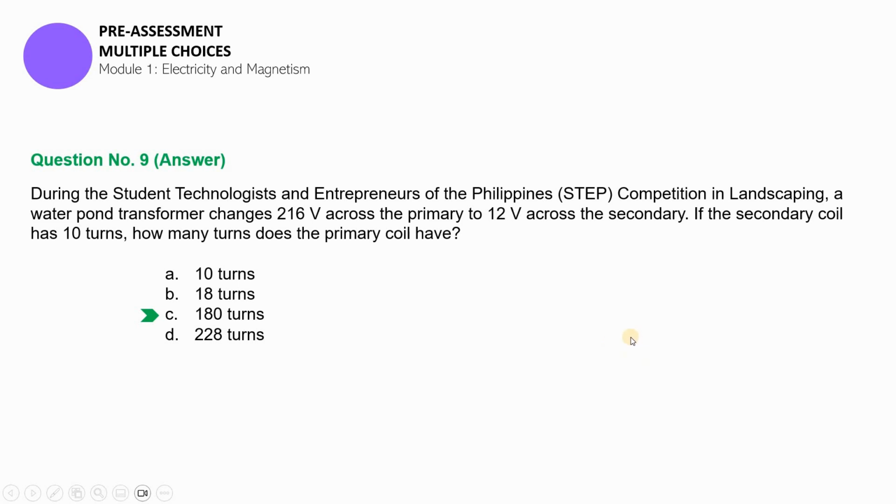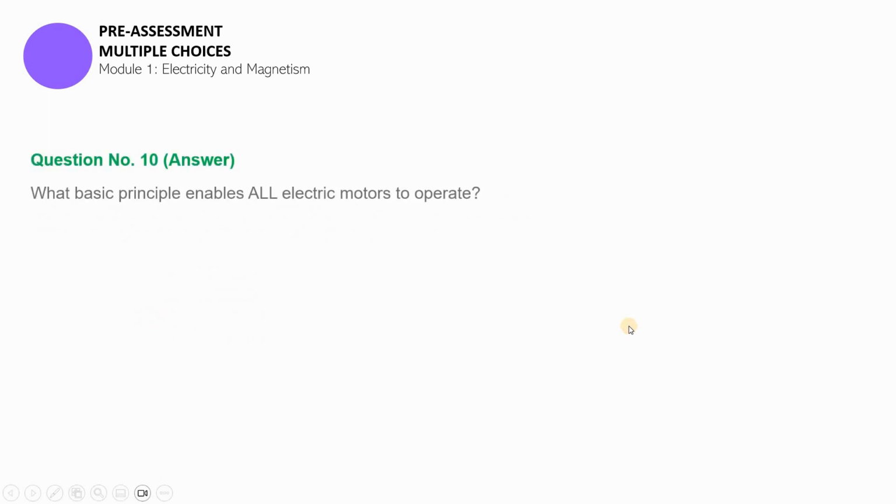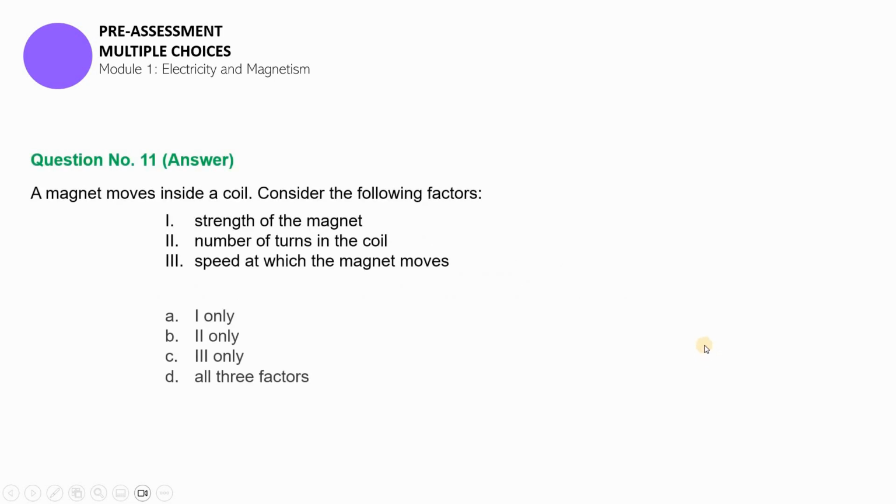For the next question, question number 10, the correct answer is letter D, a current carrying conductor placed within a magnetic field will experience a magnetic force. The correct answer for question number 11 is letter D, all three factors.